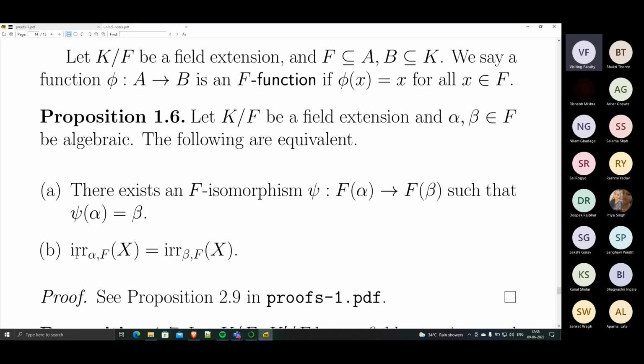Well, the minimal polynomials are equal if and only if there is some F-isomorphism psi, so there is some isomorphism between F(alpha) and F(beta) which fixes F, such that alpha is mapped to beta. Okay, if and only if there is an F-isomorphism psi such that F(alpha) is isomorphic to F(beta), but the map also takes alpha to beta and fixes all elements of F. Then the minimal polynomials are the same, and the converse is also true.